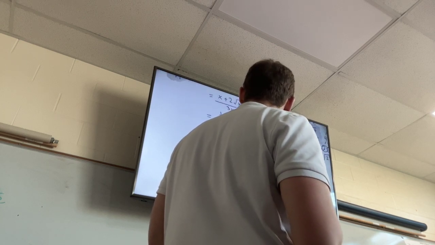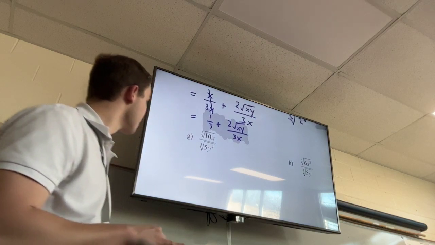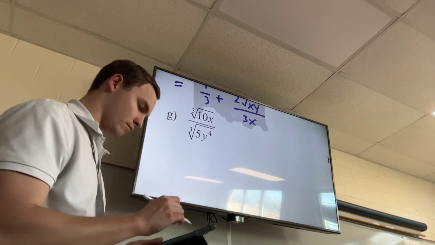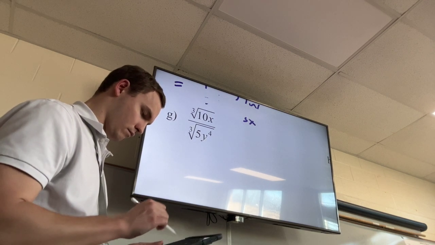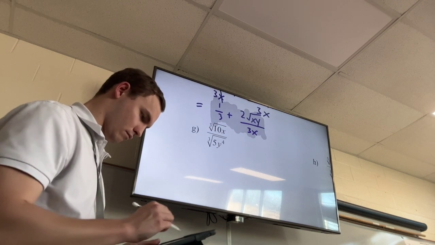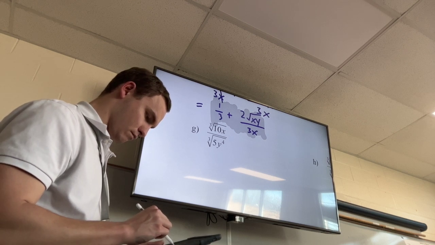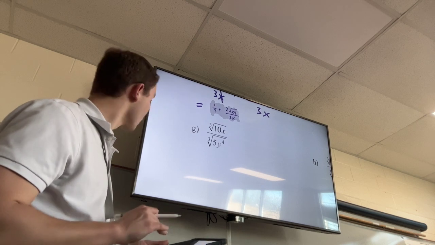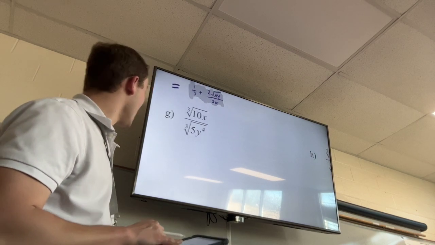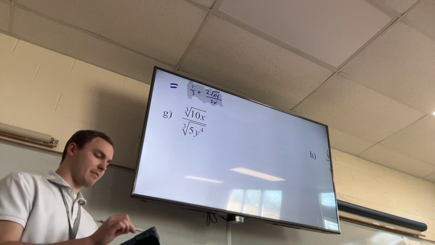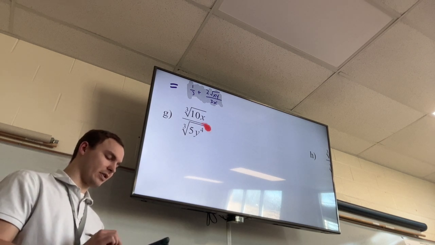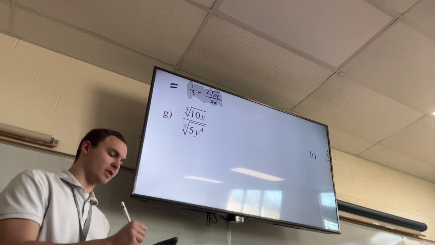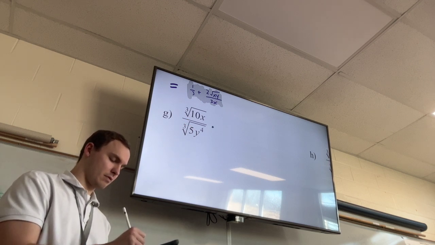All right, let's do number G, and then I got to move on to the back, okay? So I have a 3 outside. I can't have a radical symbol in my answer. I have a 3 outside that radical symbol, right? So how many cube roots of 5y to the 4th do I need? 3.